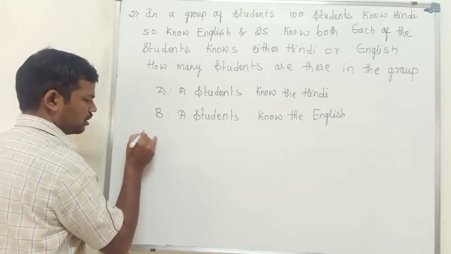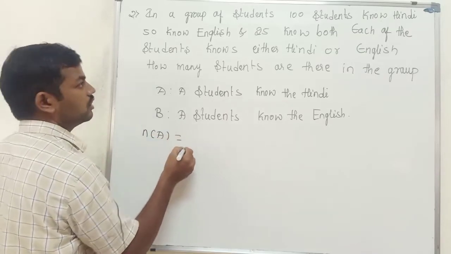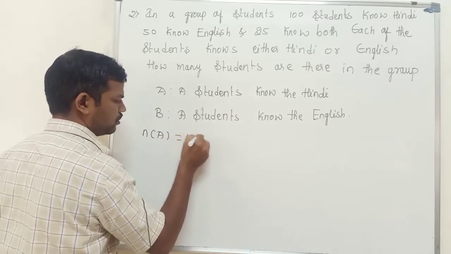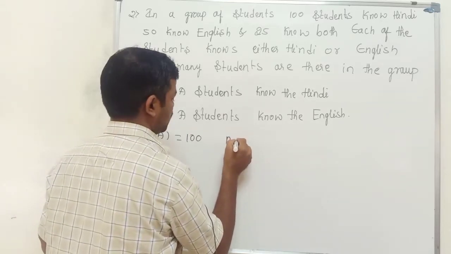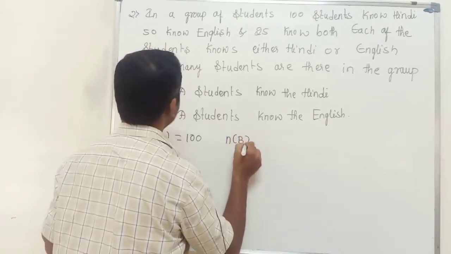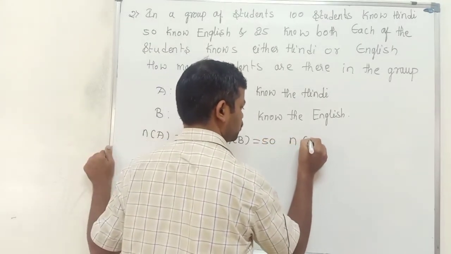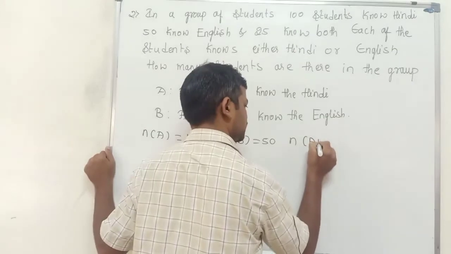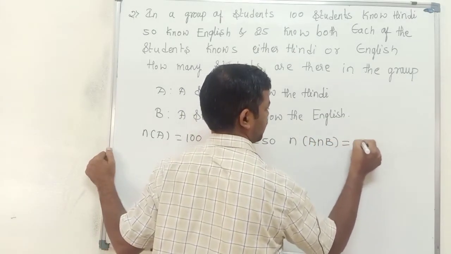So first, the number of students who know the Hindi is given, that is 100 students. The number of students who know the English is given, that is B is equal to 50, and the number of students who know both, that is A intersection B, is given, that is 25.